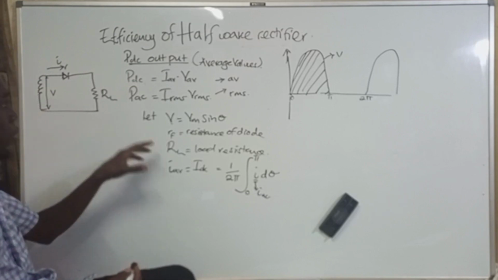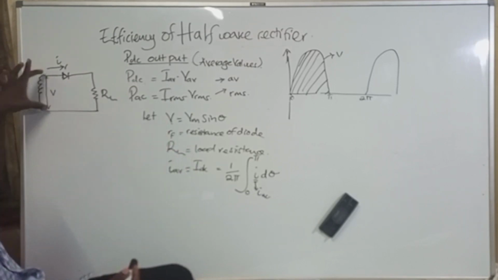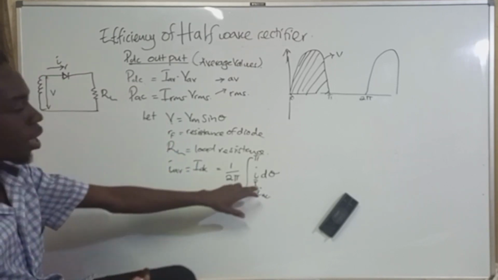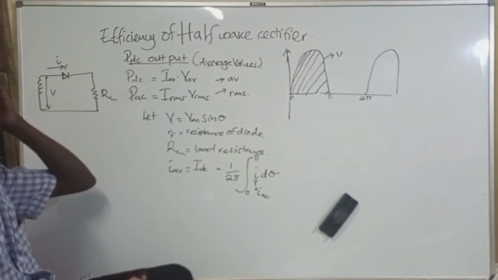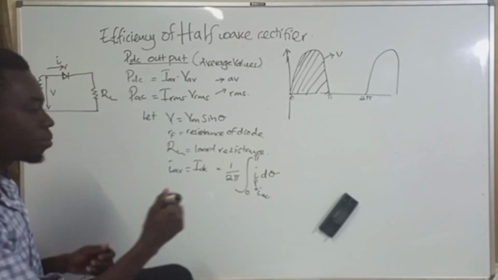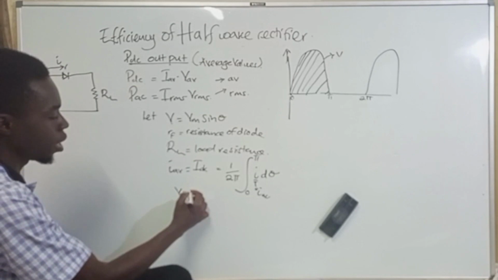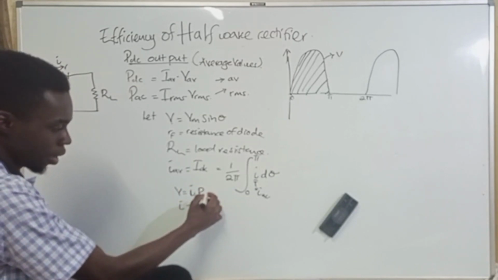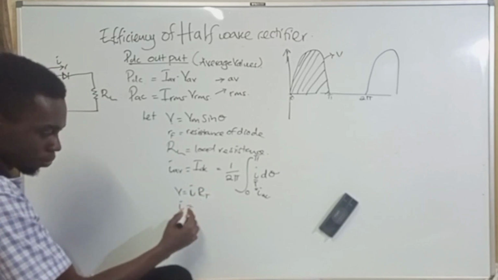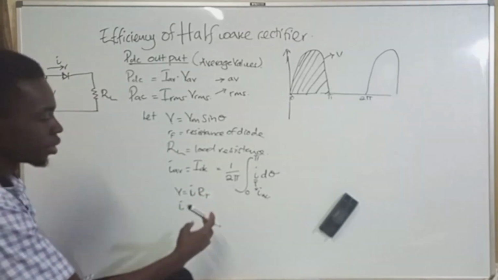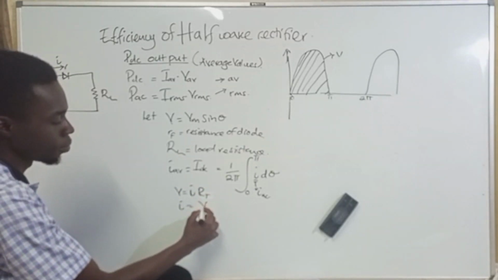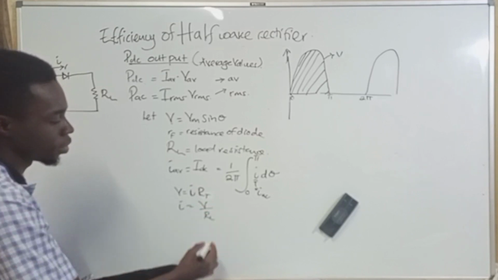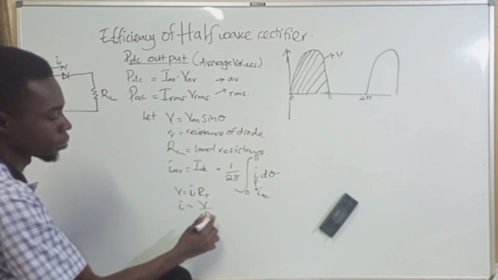So this voltage here, V, is the voltage across this point, and this i is the current flowing in that point. So from our equation of V equals i R, where this is my R total, we realize that i is going to be simply V over the total resistance R T. Okay.